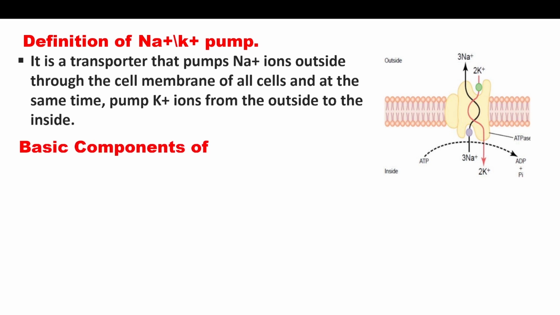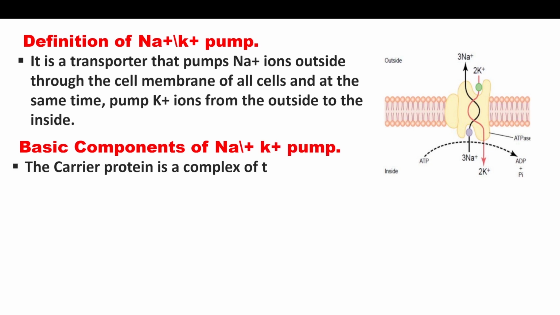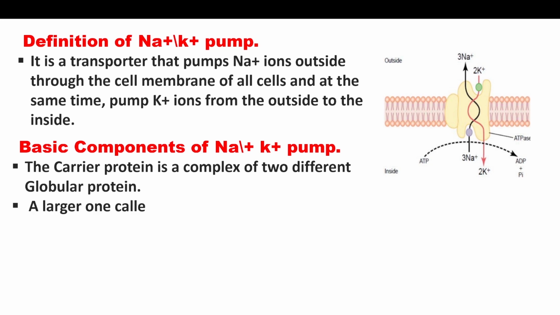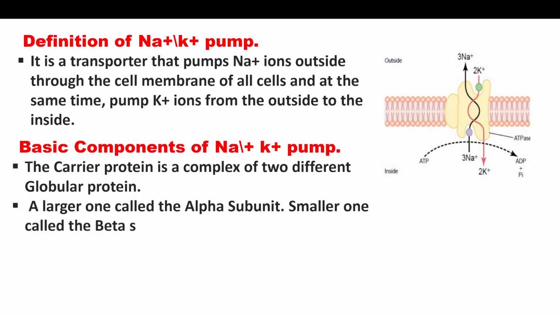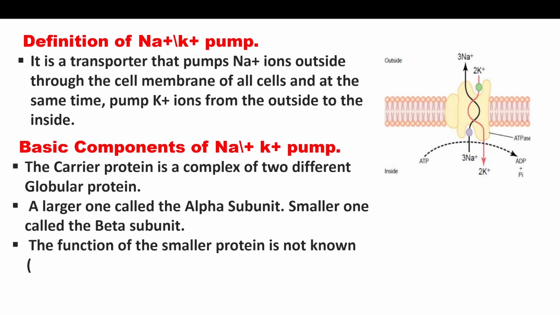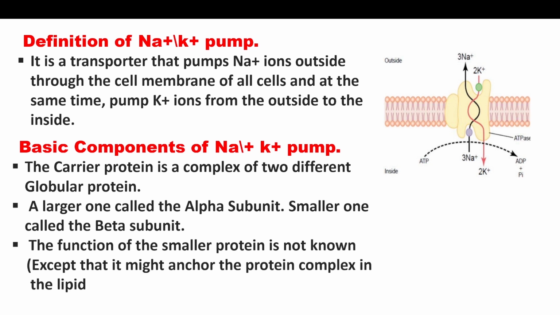Basic components of sodium-potassium pump. The carrier protein is a complex of two different globular proteins, a larger one called the alpha subunit, and a smaller one called the beta subunit. The function of the smaller protein is not known, except that it might anchor the protein complex in the lipid membrane.